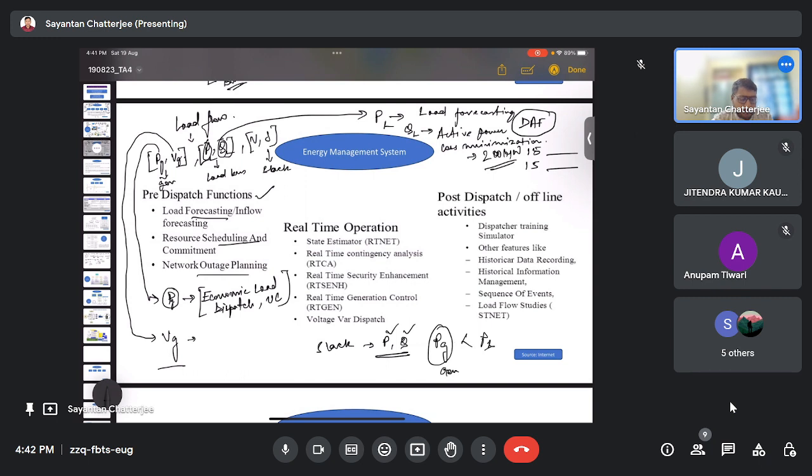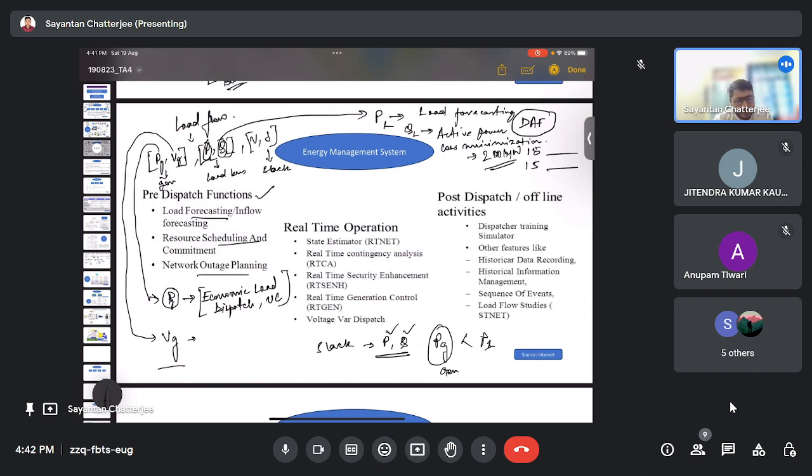So there are some limitations. In load flow it can be considered, but it has to meet the demand as per requirement, and it has to cope with the changes of the system.